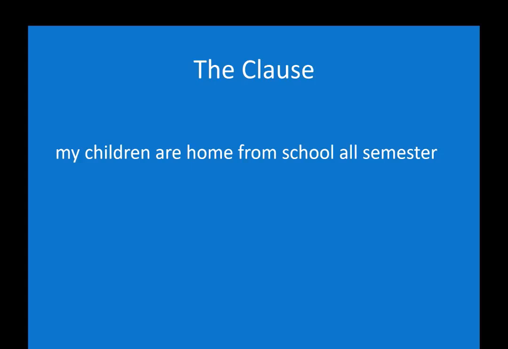So what is a clause? A clause has two parts, and here we have an example of a clause, and you can see the two parts. This example says, "My children are home from school all semester." And the two parts are the subject, seen here with "my children," a noun phrase, and a verb. The verb here is "are," and along with it you often get a complement, like "home from school all semester."